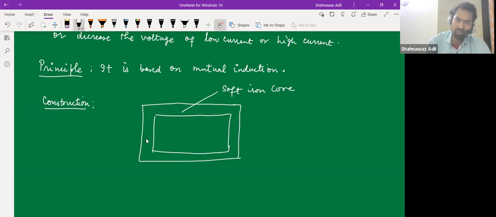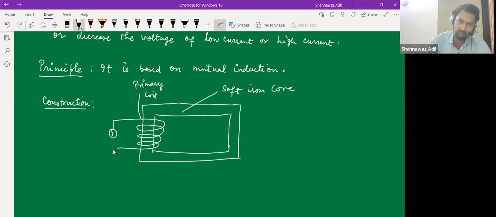Yeah, so this is a soft iron core, and the coils are wrapped around this one. So this is called the primary coil, right? And this is connected to the AC supply.